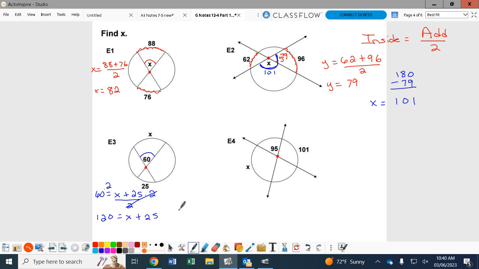What do I do to solve it from there? Good. Minus the 25. And x is equal to 95? Okay. So make sure I get the right number. Awesome. Anybody see anything on that one they need to ask about? So this arc out here would be 95. So we're clear on what that is.